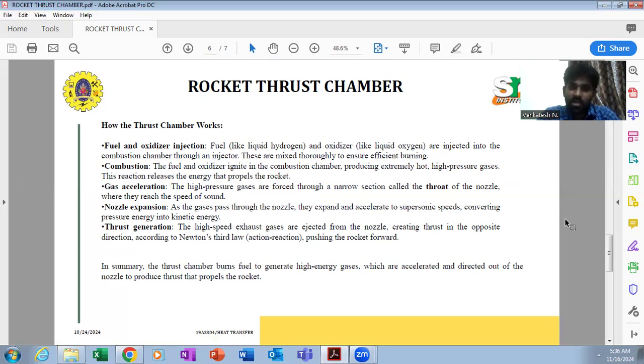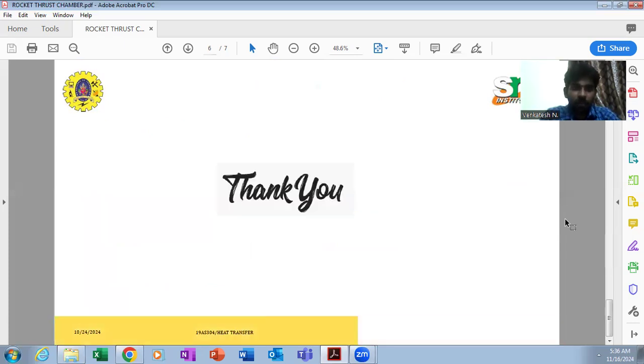The high-speed exhaust gases are ejected from the nozzle, creating thrust in the opposite direction, according to Newton's third law, pushing the rocket forward. In summary, the thrust chamber burns fuel to generate high-energy gases, which are accelerated and directed out of the nozzle to produce thrust that propels the rocket.